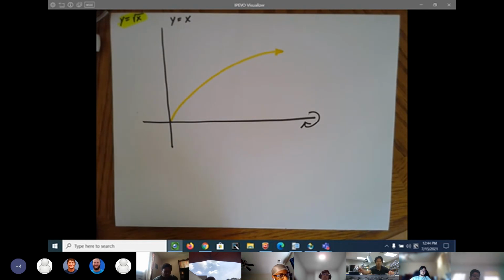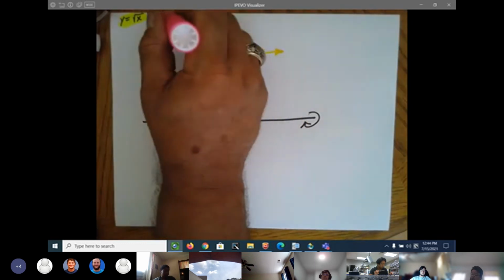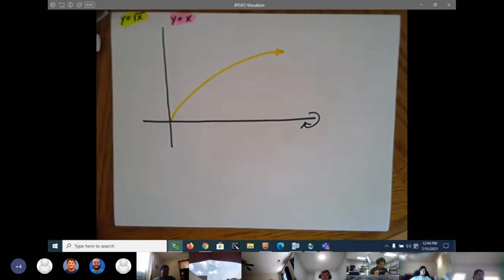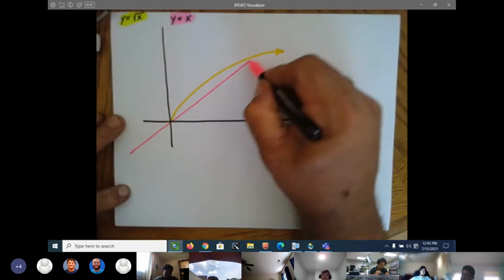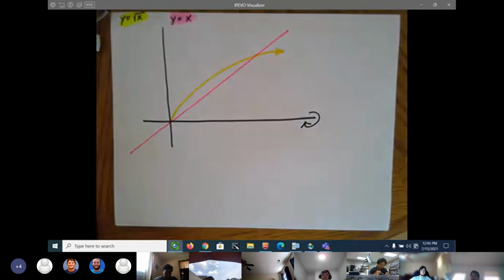And we'll color this one pink. And that is a 45-degree angle, like that.